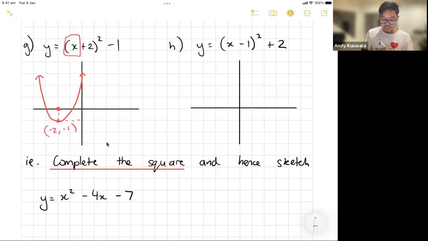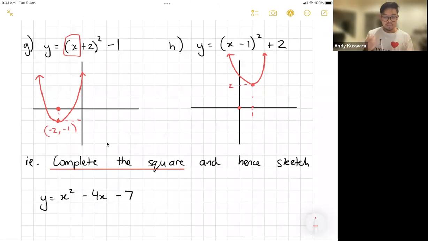And this last one here, if I have (x minus 1) squared, that moves my center 1 to the right, and that plus 2 moves it 2 up. So I'm going to be there, and that's my parabola. Labeling that, that's 2, that's 1. There's my parabola with my vertex.